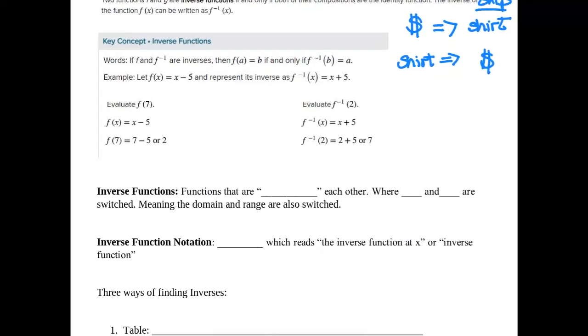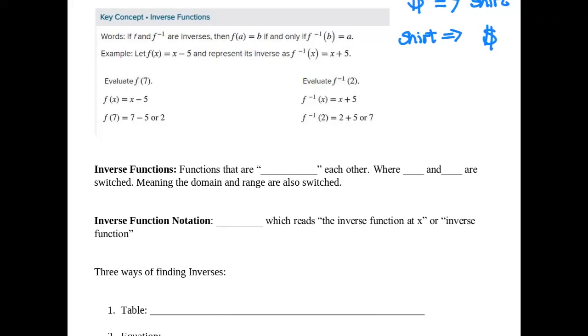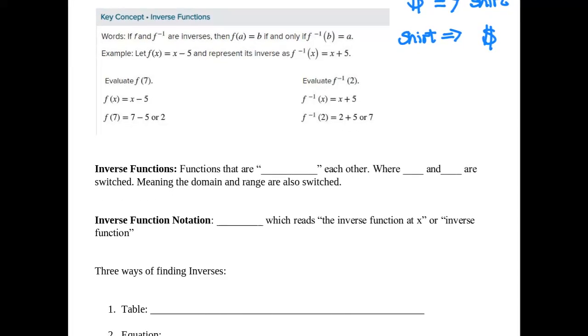So let's take a look down kind of in this middle section. It says example right here. So let f of x be x minus 5, and the inverse of f of x is x plus 5. Okay, so this is what we call an inverse.